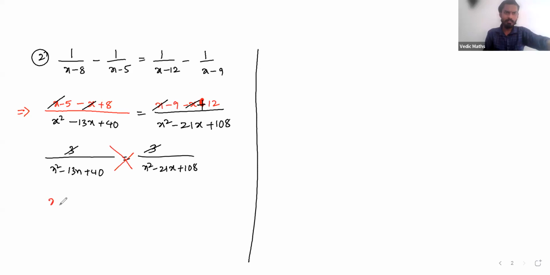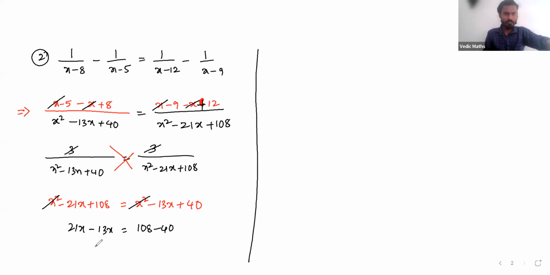Then we are getting x square minus 21x plus 108 is equal to x square minus 13x plus 40. You can see this x square and this x square cancel out. Then 21x minus 13x is equal to 108 minus 40.